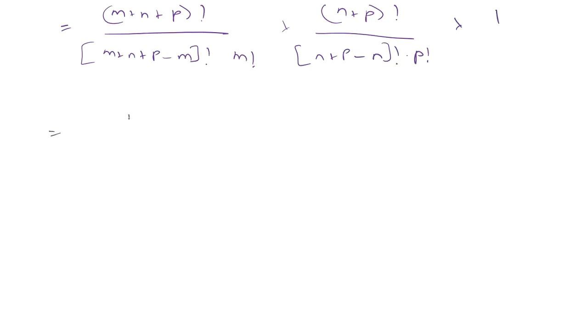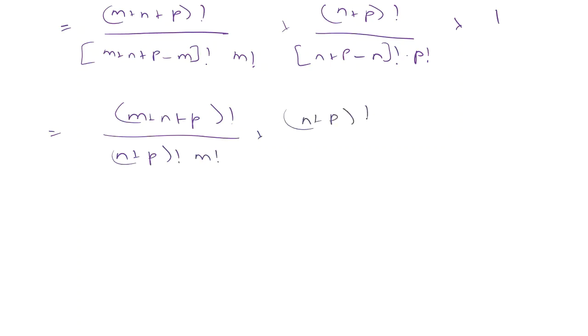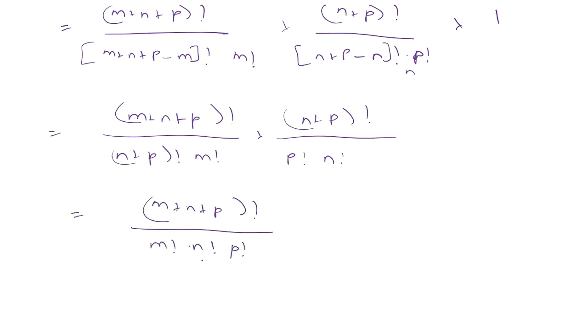So which is equal to m plus n plus p factorial upon n plus p factorial times m factorial, and n plus p factorial upon p factorial times n factorial. So here it is not p factorial, it is n factorial. So which is going to be m plus n plus p factorial upon m factorial times n factorial times p factorial. So these two terms get cancelled.